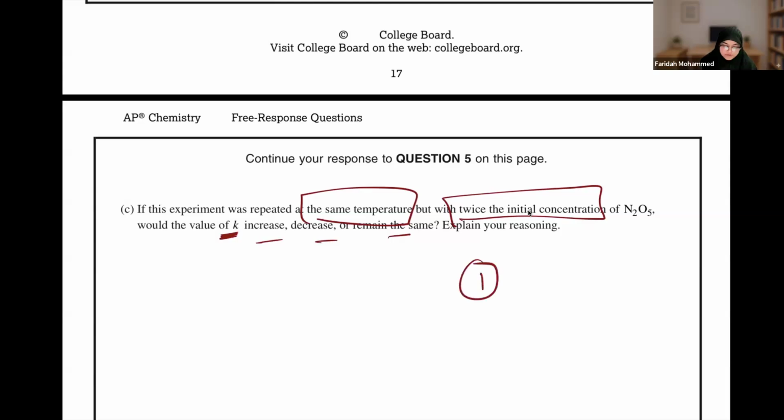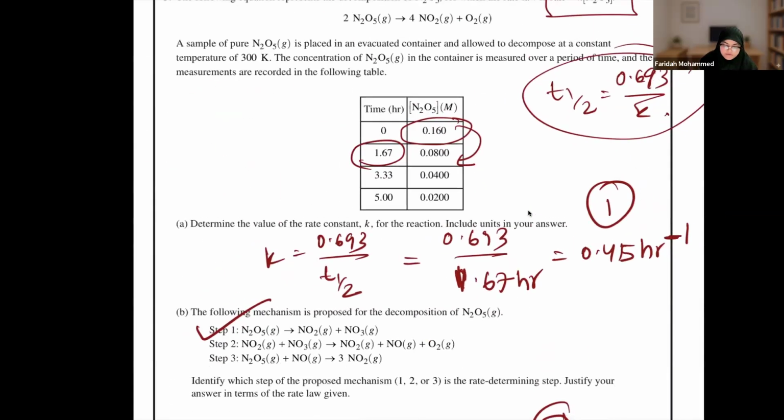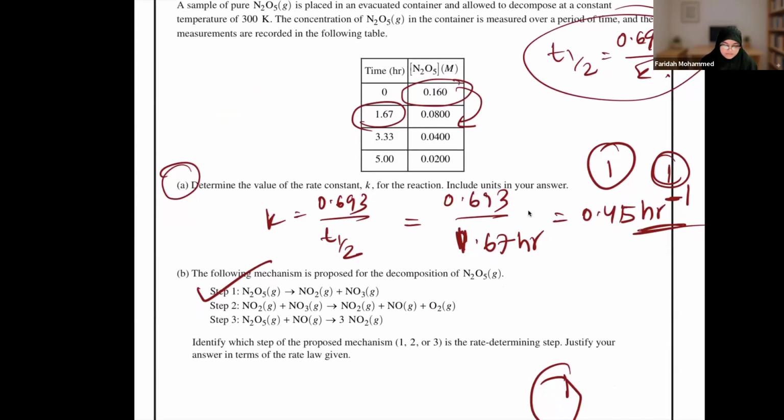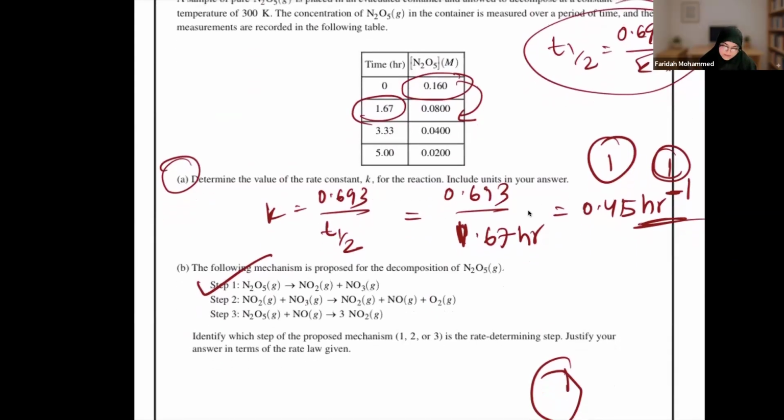Okay, 1 point. Oh, sorry, I forgot here. For number 8, it's actually 2 points. For A, the second point is for the correct unit, which is per hour. If you do not write your unit, minus 1 point, because they did ask you to include the unit.